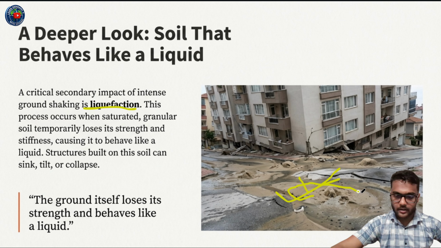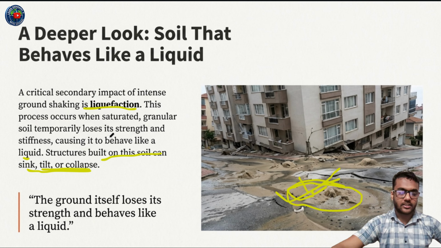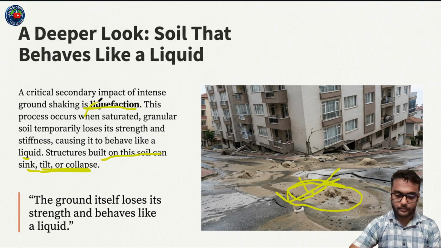The hard ground behaves like a liquid material, a liquid surface. Structures built on this soil can sink, tilt, or collapse. The ground itself loses its strength and behaves like a liquid. This is called liquefaction.